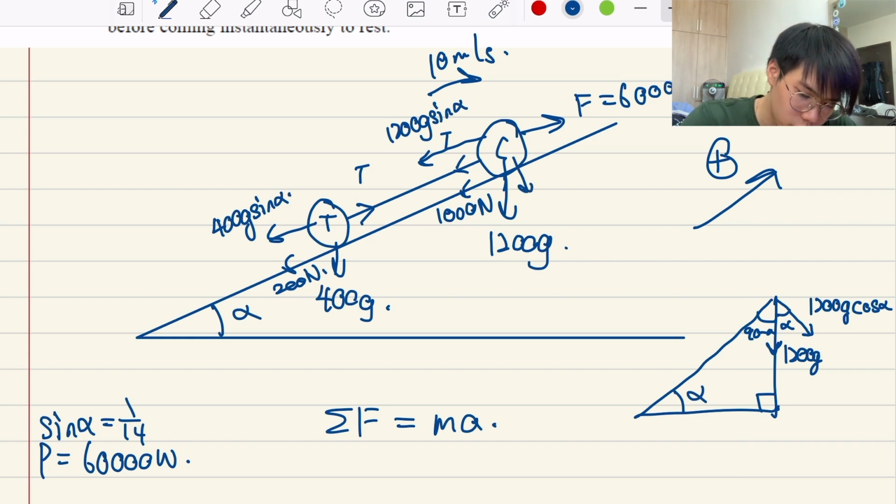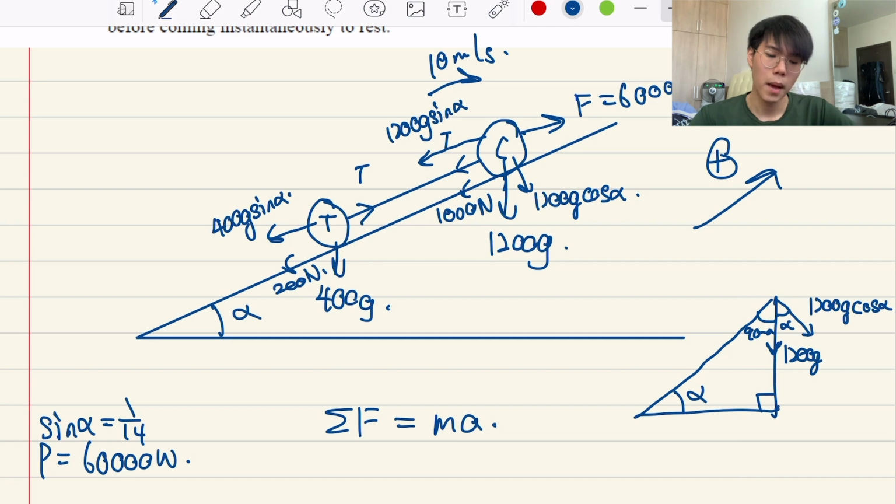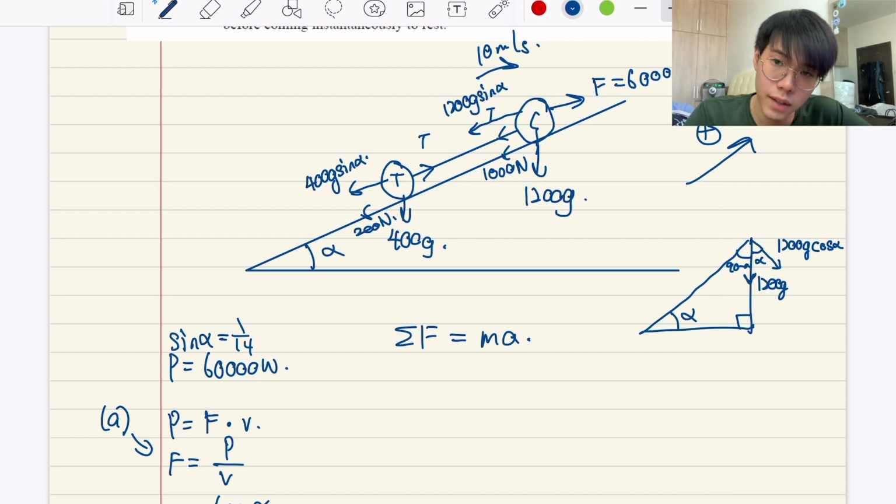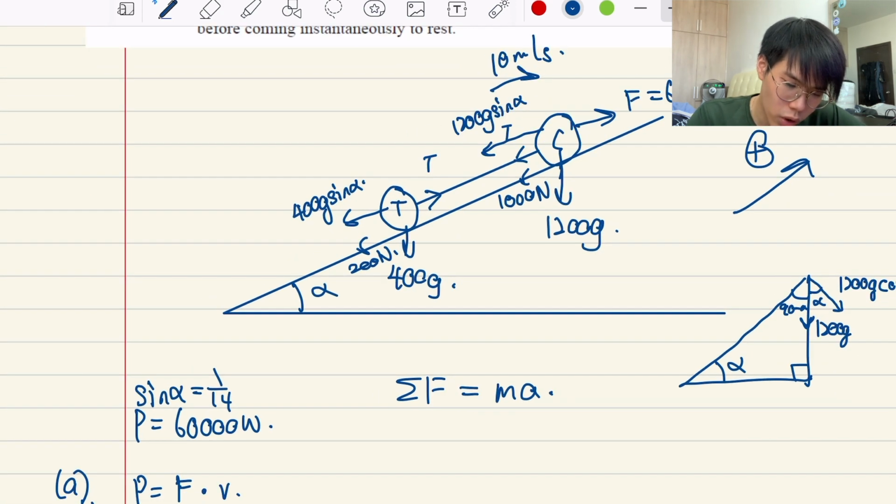Okay, so this is the component that is perpendicular to the slope, but we don't need this, so we don't need to write it down. So now we consider the car and the trailer as one object, so we combine all the forces together. First, we write down all the force that is going upward, which is 6,000.